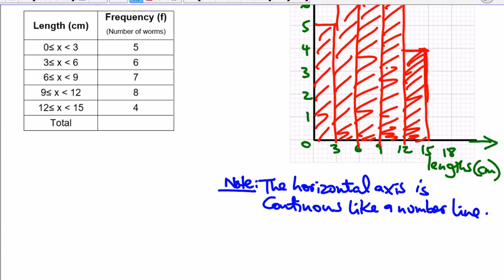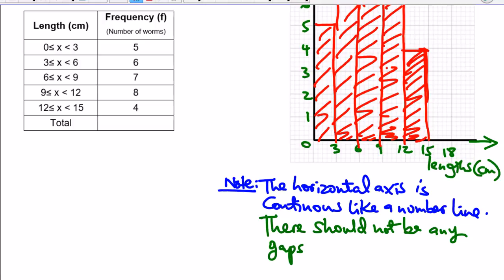So again, another thing is there should not be any gaps between the bars. That's very important. Because we are representing continuous data, there should be no gaps between these bars.